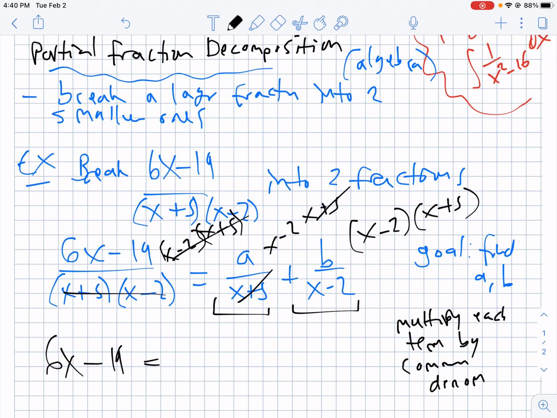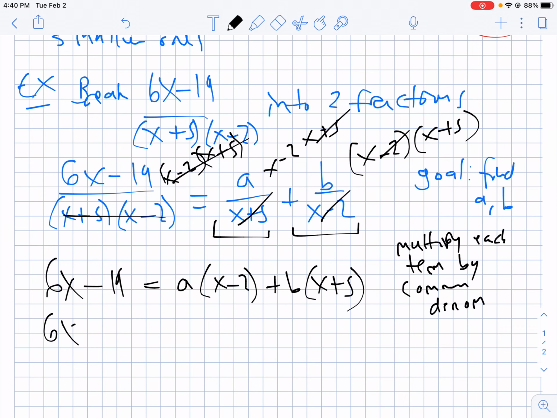On the right side, the x plus 5 cancels, and we have A times (x minus 2). Here, the x minus 2 cancels, so we get plus B times (x plus 5). At this point, we see 6x minus 19 equals Ax minus 2A plus Bx plus 5B.